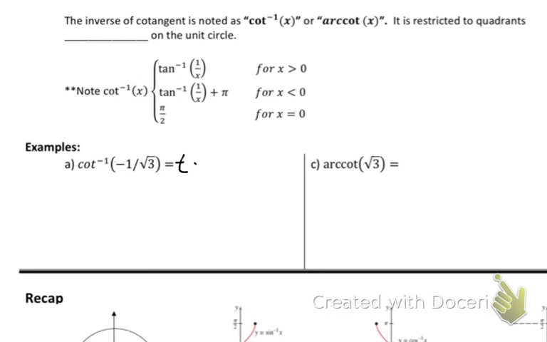Tan inverse of 1 over x, where x was -1 over square root of 3, and then we're going to add pi to it. Simplifying that, we'll have tan inverse of negative square root of 3 plus pi.